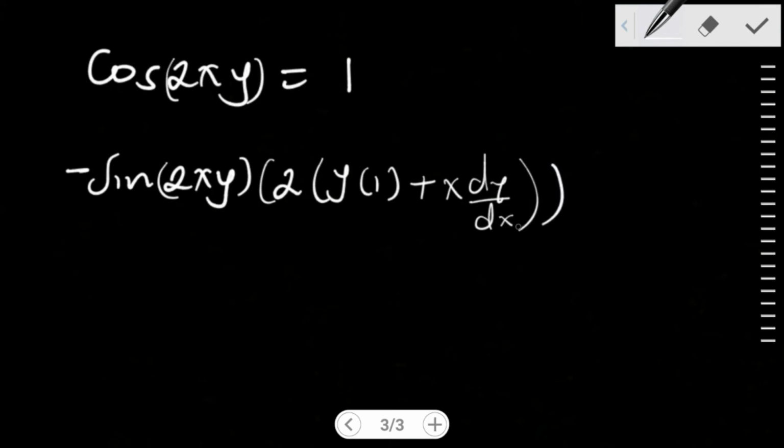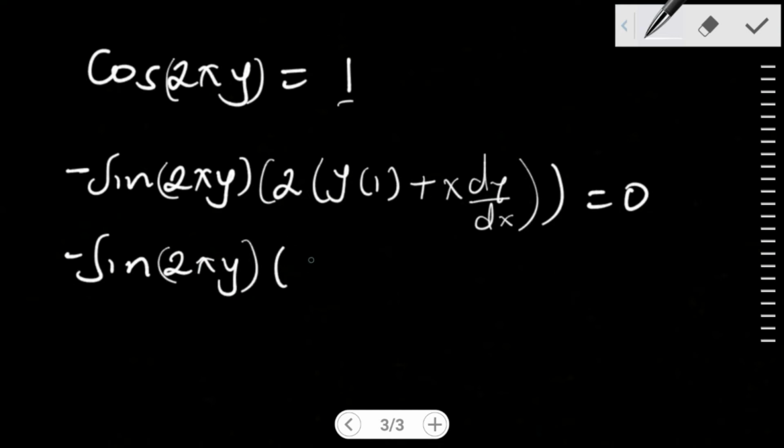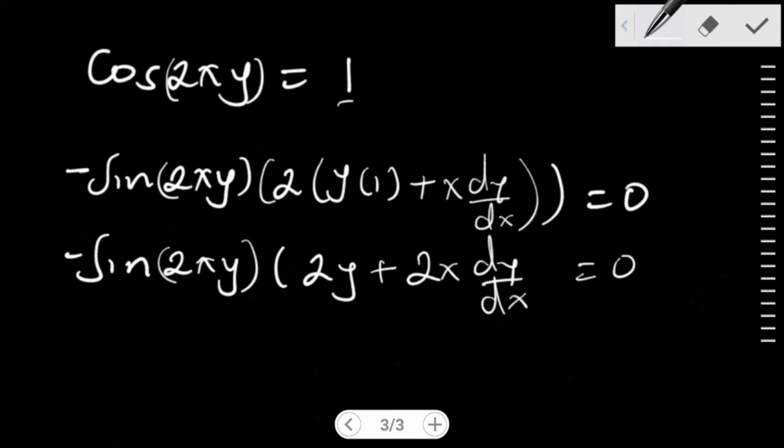The whole of it would be equals to 0, because if I differentiate 1 I get a 0. So this is going to be negative sine of 2xy into 2y plus 2x dy/dx, and this would be equals to 0.